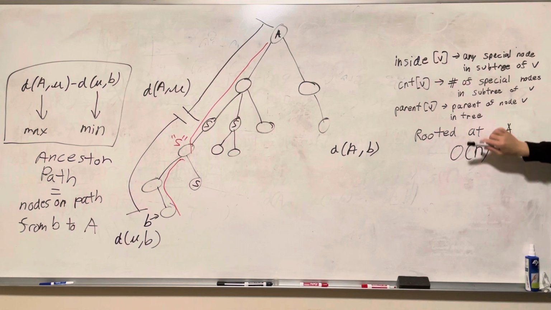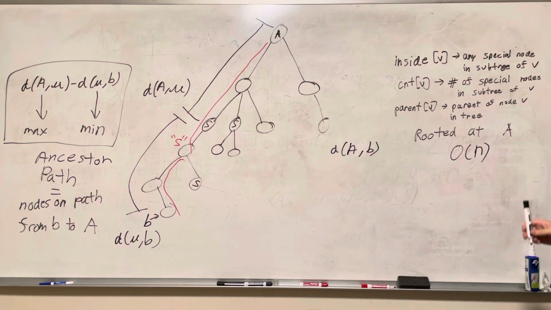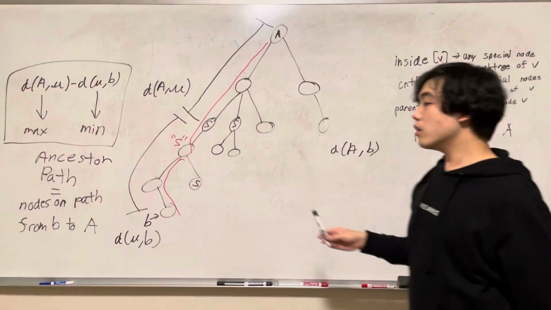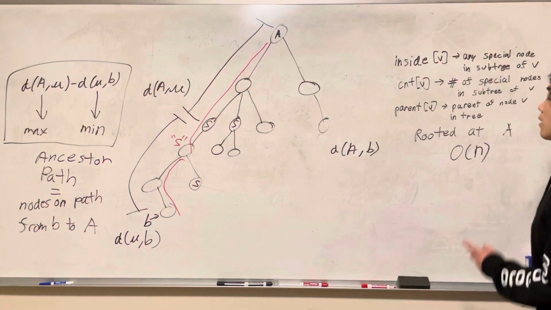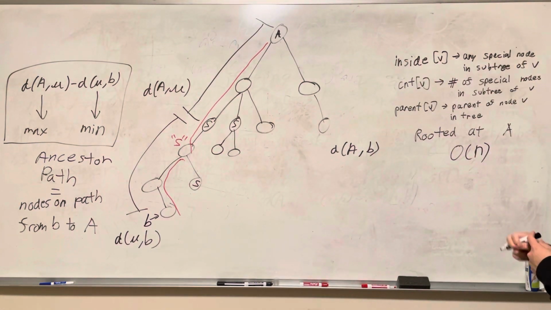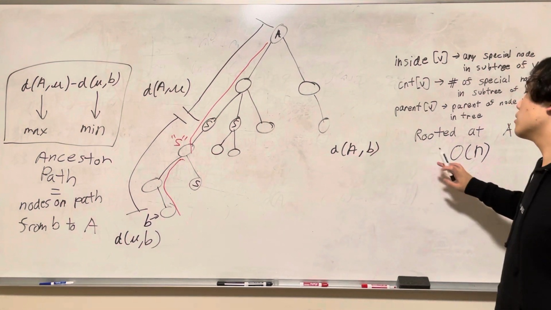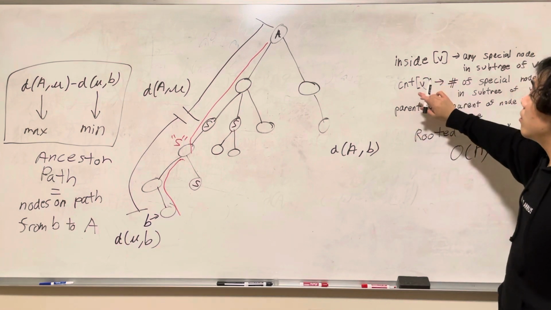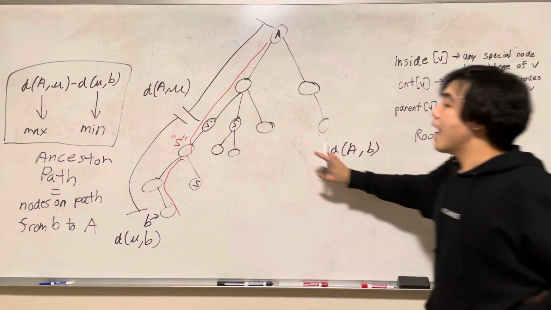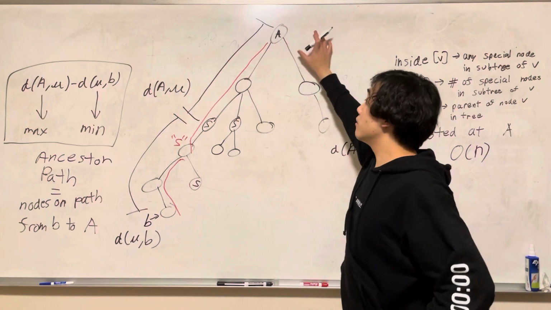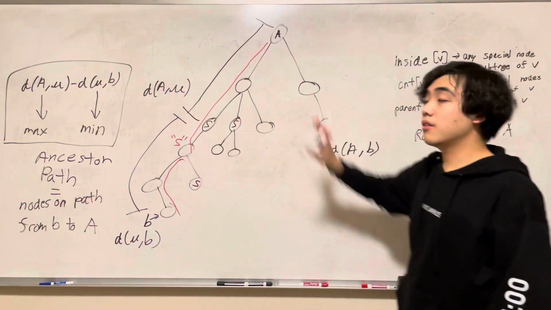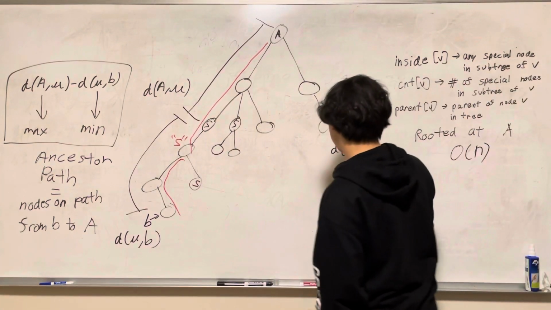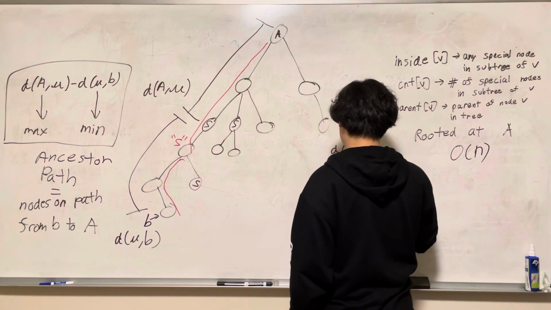All of this information over here is also enough to tell us whether or not a special node exists outside of this ancestor path. In which case, a possible answer would be negative D from A to B.